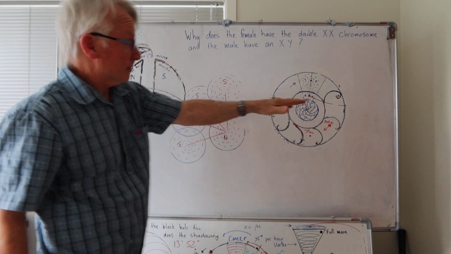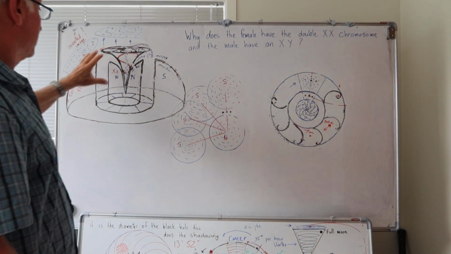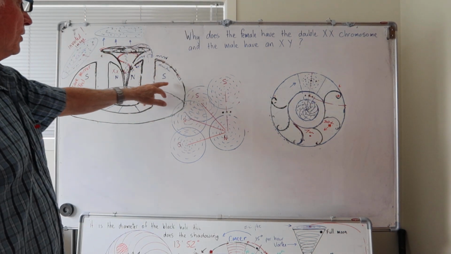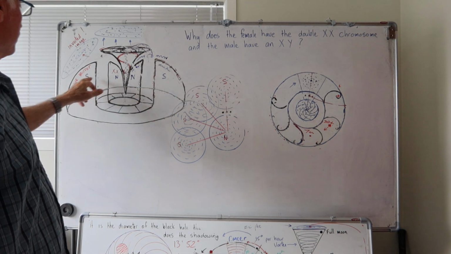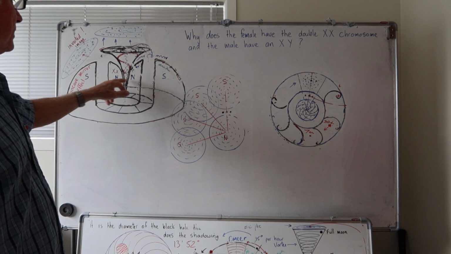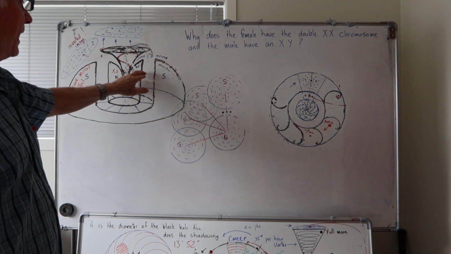Then you take a slice through the middle and look at this cross section. You've got the south all the way around the outer perimeter. You've got the north on the inside, and we have the tropical gap.